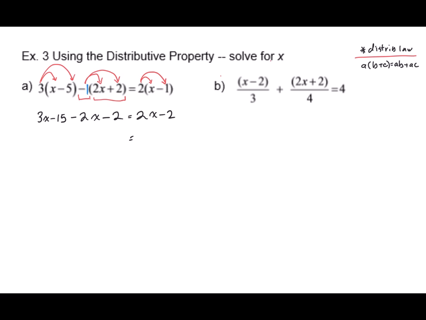Now, I want you to only simplify the stuff that's on the left side, and you're going to end up with x is equal to negative 17, and then leave the right side, and you end up with 2x minus 2. This greatly simplifies your calculations.